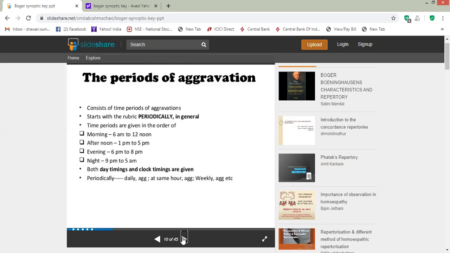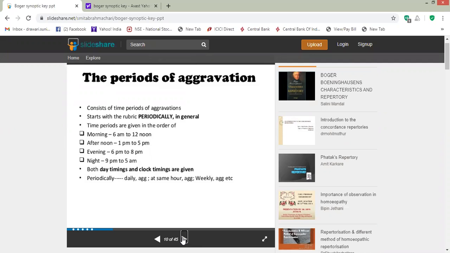The periods of aggravation. It consists of time periods of aggravations, starting with the rubric periodically in general. Time periods are given in the order of morning, afternoon, evening and night. So aggravations related to time are given first, and it starts with the rubric periodically in general.